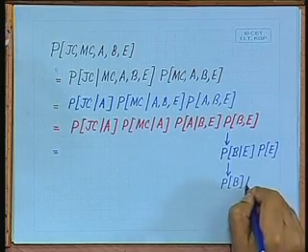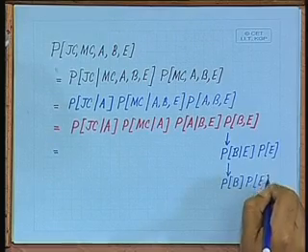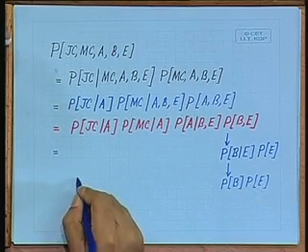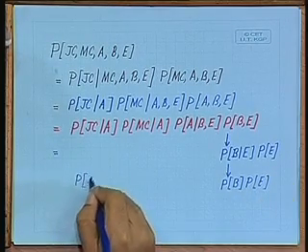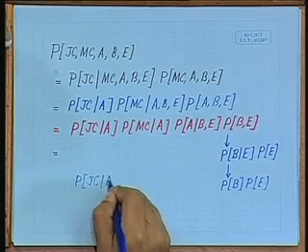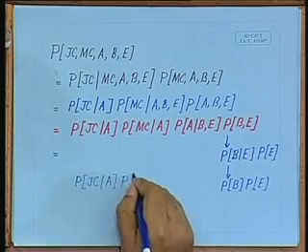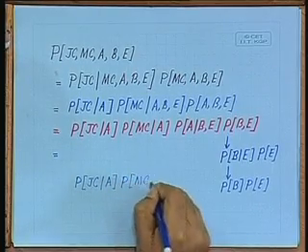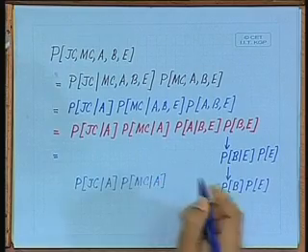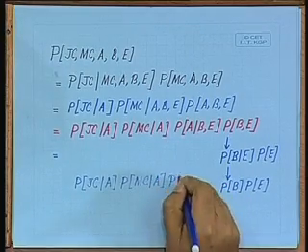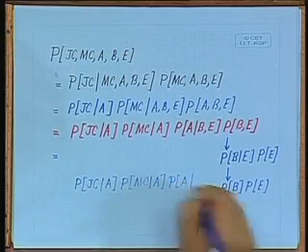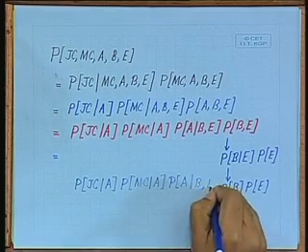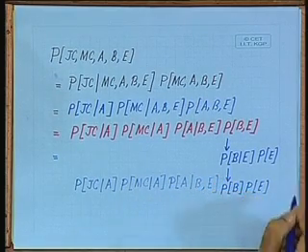So, the total thing that we have, let us see, will be probability of John calls given alarm, probability of Mary calls given alarm, then probability of alarm given B E, and then these two.